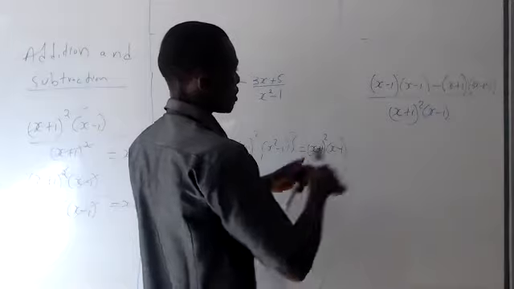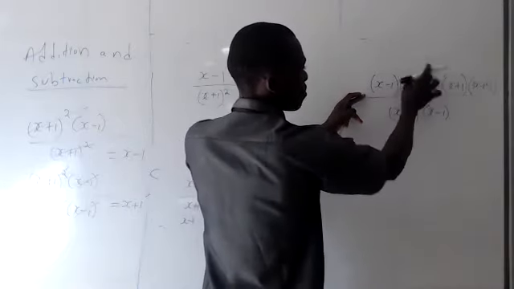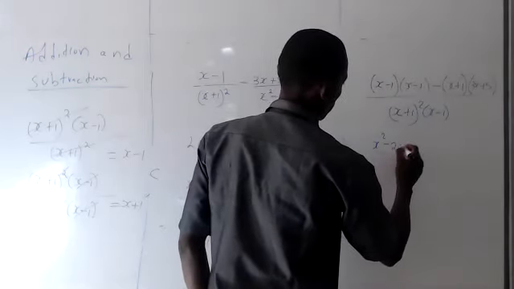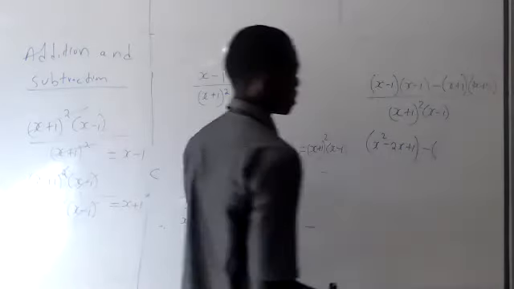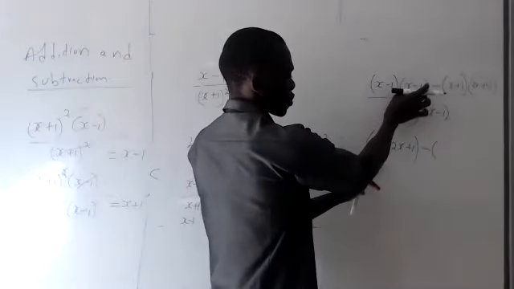So the first term, x minus 1 times x minus 1. I'm just multiplying this out. So I will have x squared minus 2x plus 1 minus, I'm just doing multiplication. So this is the product of x minus 1 and x minus 1.